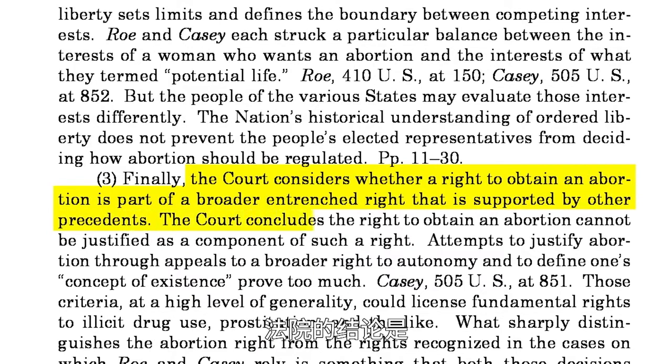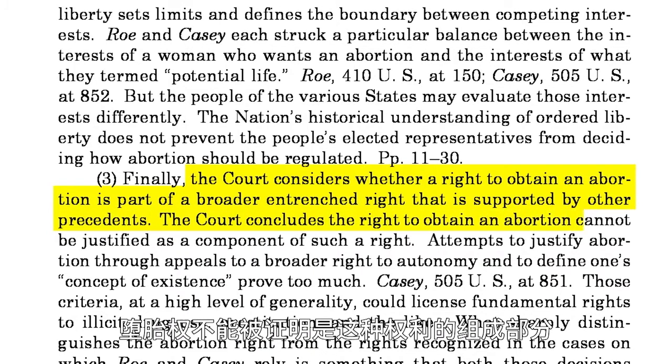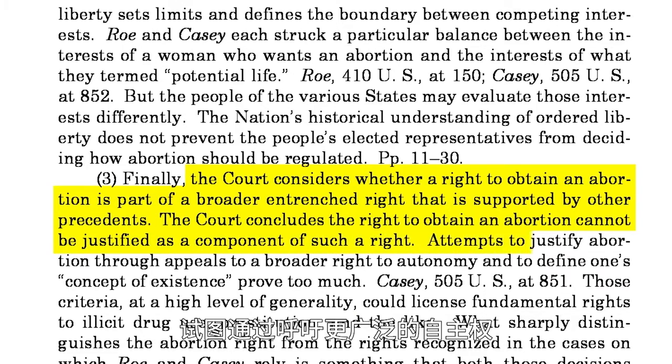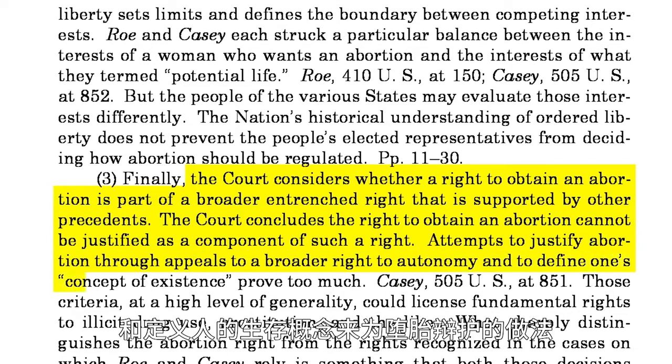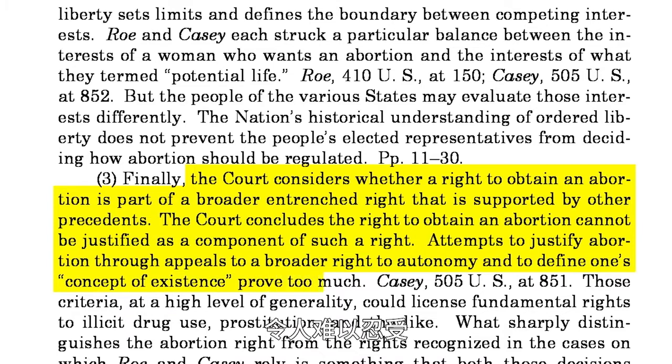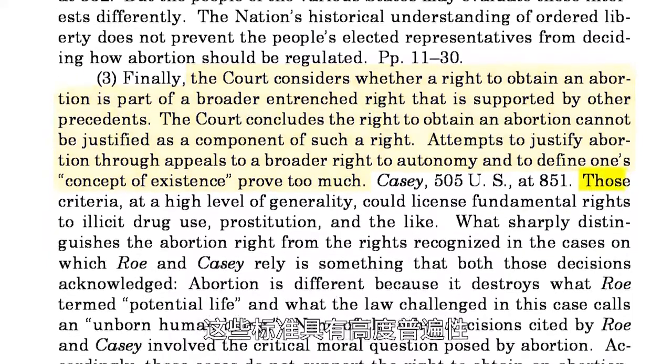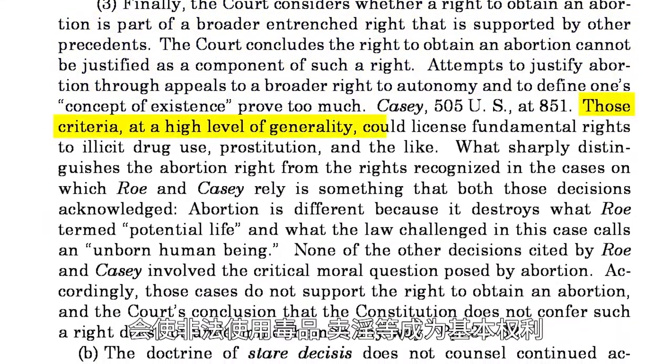The court concluded that the right to obtain an abortion cannot be justified as a component of such a right. Attempts to justify abortion through appeals to a broader right to autonomy and to define one's concept of existence prove too much. Those criteria, at a high level of generality, could license fundamental rights to illicit drug use, prostitution, and the like.